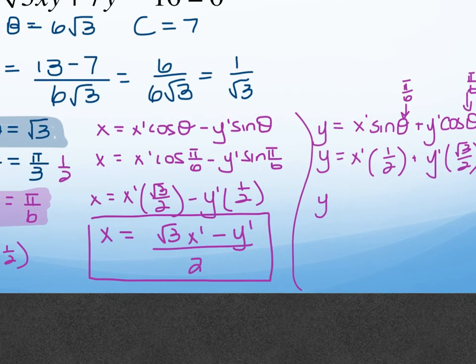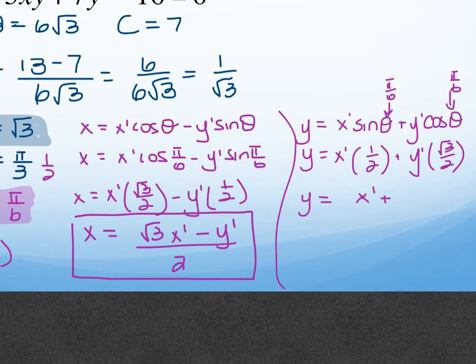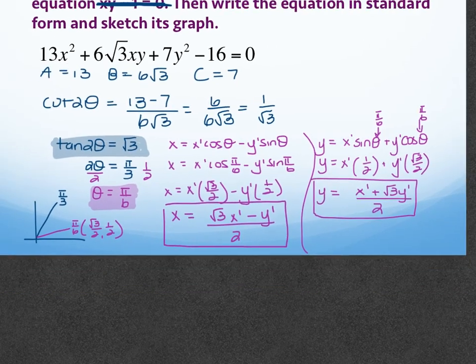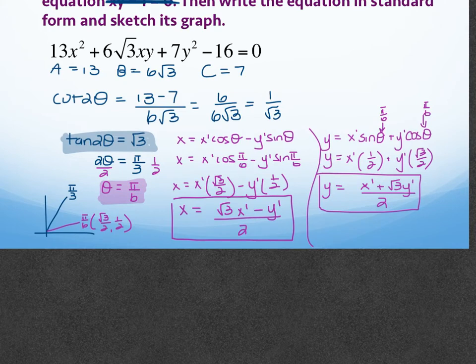And I get y equals 1 times x prime, or x prime, plus root 3 y prime all over 2. Still with me? Questions to that point?